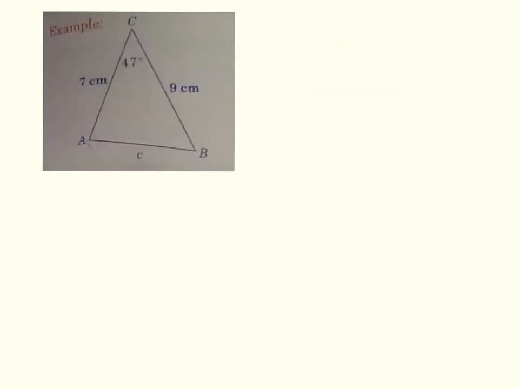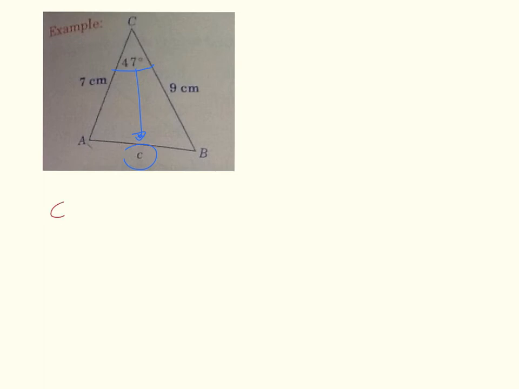Alrighty, for this one we are going to find side C. It's the only side we don't know. Again, we've got our 47 degrees, so I know that C is opposite 47 degrees. So similar to our process last time, we're going to use our side version of this formula. As I mentioned before, it's the same formula, just manipulated to suit our purposes.